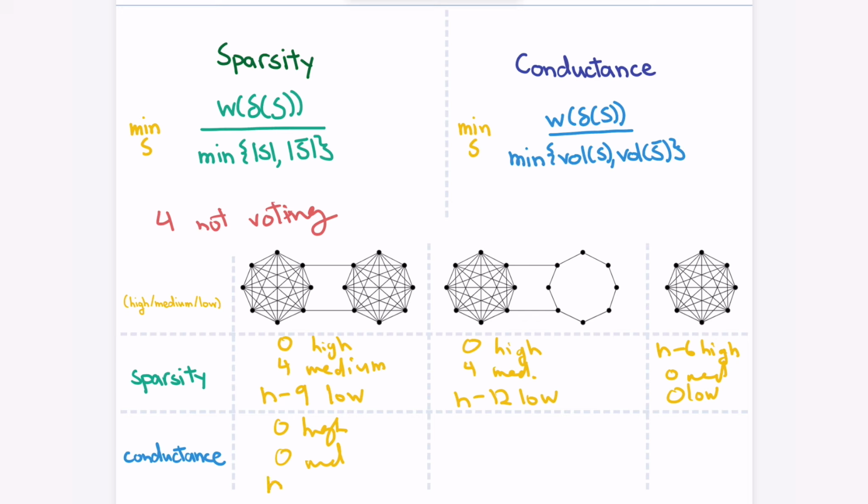Okay, very good. Now let's look at this next graph. Who thinks that this has pretty high conductance? Okay, still pretty not high conductance. How about medium? Now we're starting to get a few more, maybe 2n/3. And then what about low?